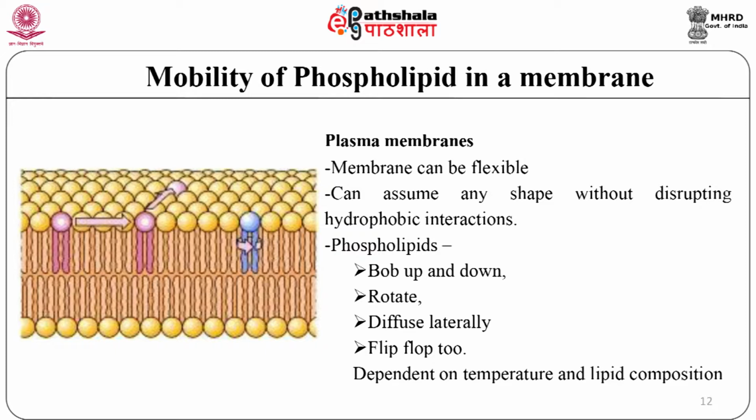Therefore, membranes containing shorter fatty acid chains are less rigid and can remain in a fluid state at lower temperatures also. In case of unsaturated fatty acids, double bonds introduce a twist in fatty acid chains, making it difficult to pack them in a bilayer.